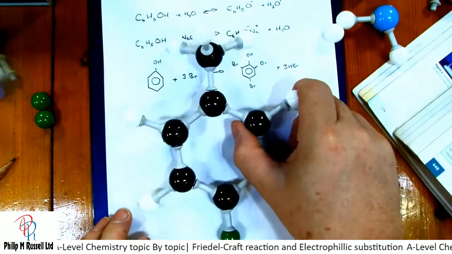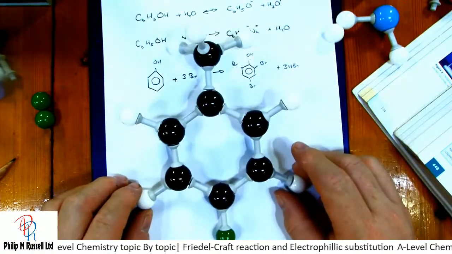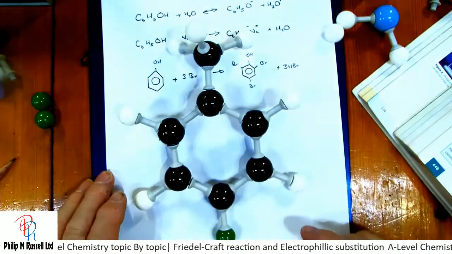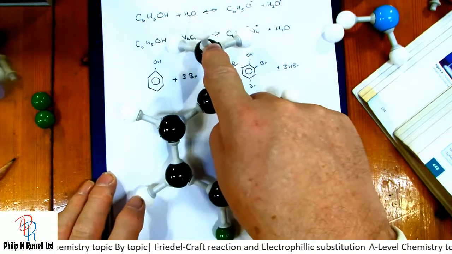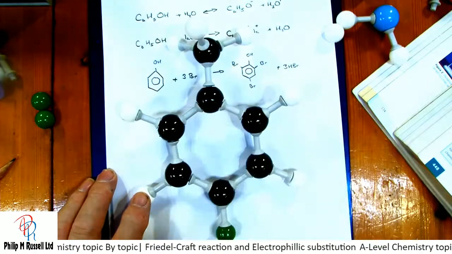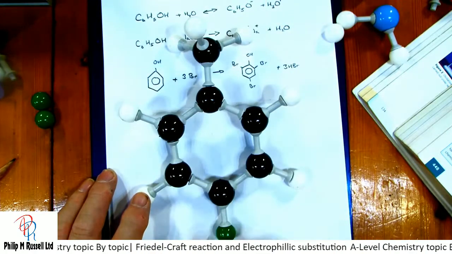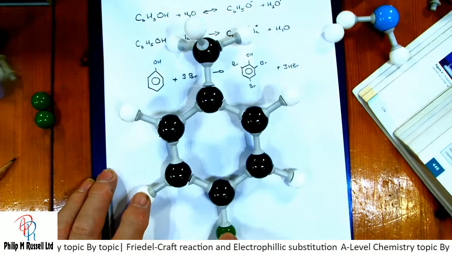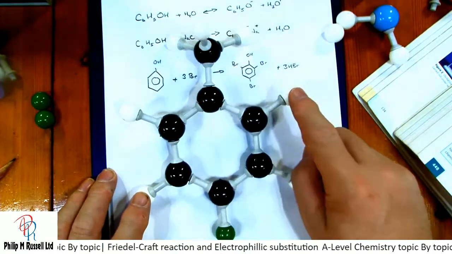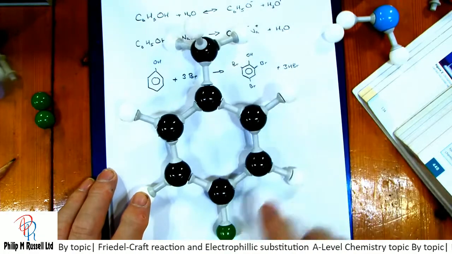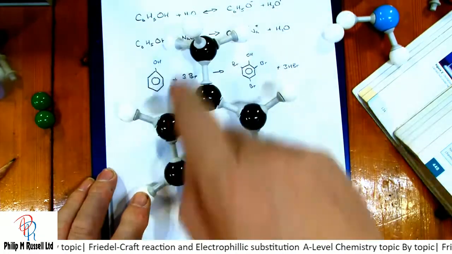So how much of these am I going to get? This is toluene or methylbenzene, so this is going to be 4-bromo-methylbenzene, or we can have 2-bromo-methylbenzene.